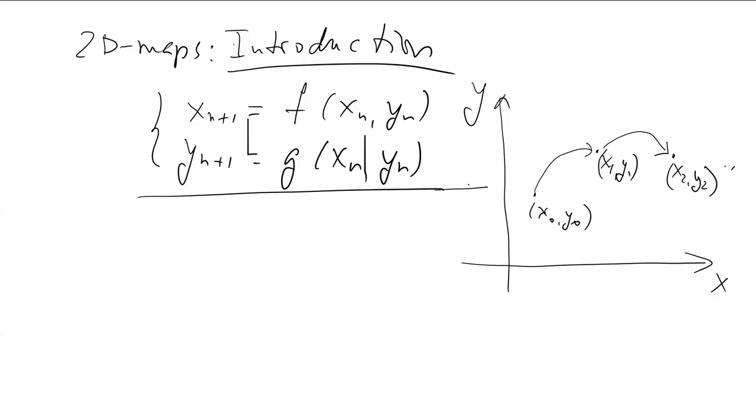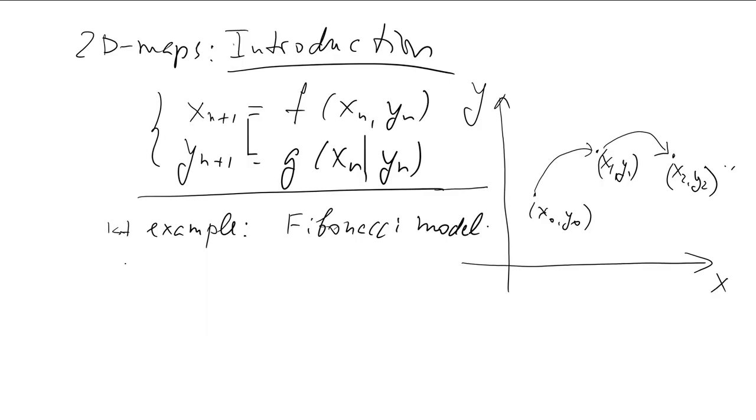Now, we already encountered some examples of two-dimensional maps. First example. You remember the Fibonacci model. In the Fibonacci model, it was a one variable system.